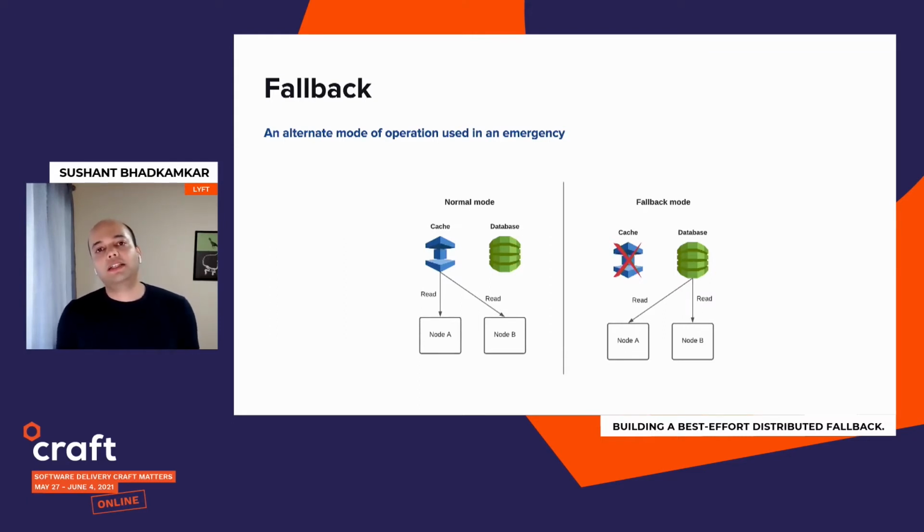A fallback is an alternate mode of operation that you may use in an emergency situation, in a certain special case. Let's say you have a simple system, which can be a CRUD app. Whenever a request comes in and you want to create a new record, you write it to a database, but you also write it to a cache, so that if there is a read request for the same record, you can potentially serve it from the cache without going to the database.